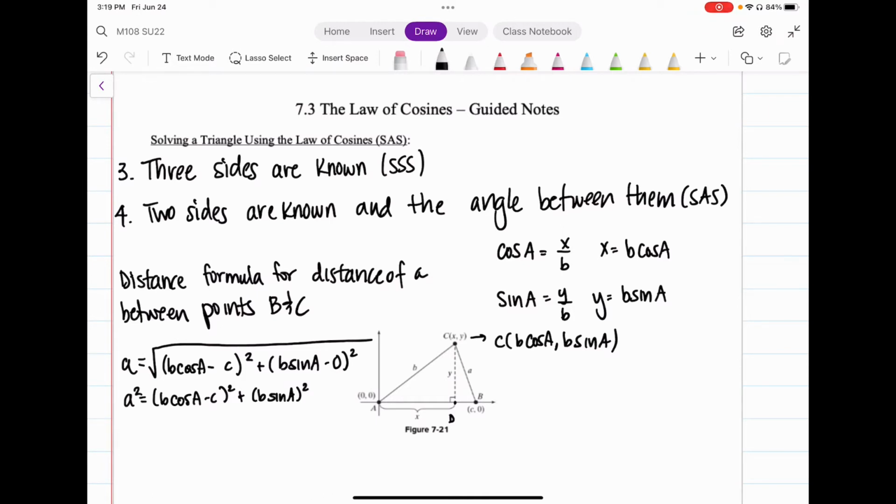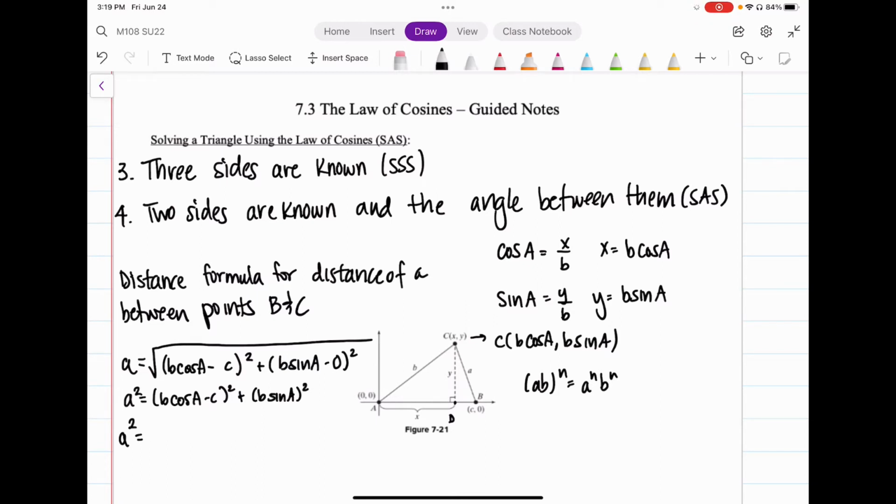I'm going to use the exponent law that says the product of two variables to a power is equal to the product of each variable to that power. So (ab) to the n is the same thing as a to the n, b to the n. And I'm going to expand the right-hand side and distribute that squared.